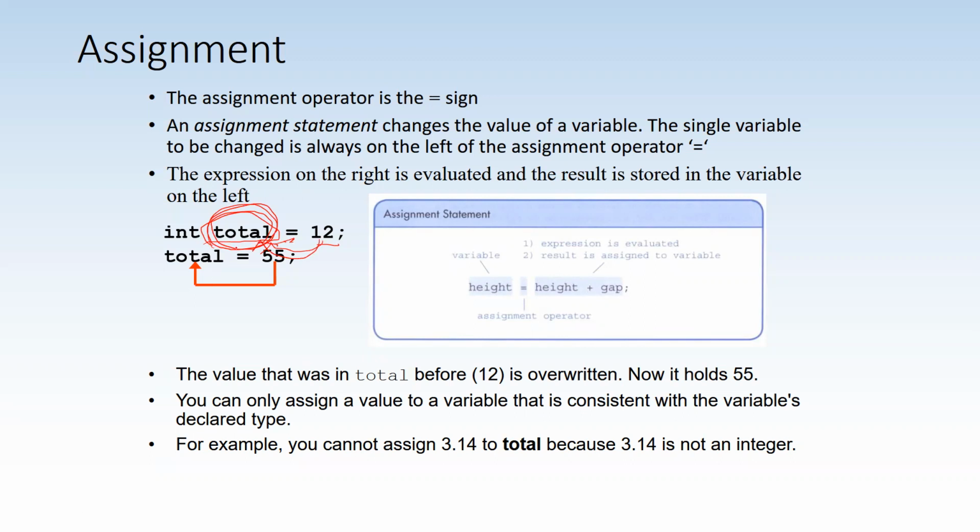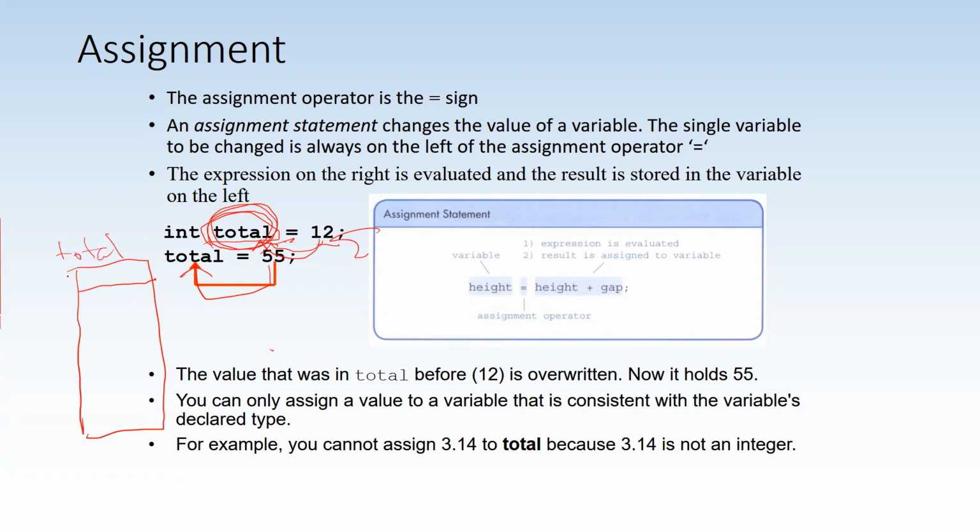And now you want to change that value, the value in that location, you put 55 there. And that value will be in that memory location. Suppose this is your memory chip. In one little place, this place is named total, right?